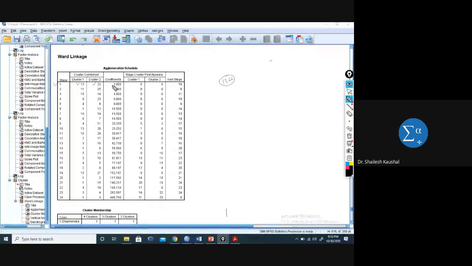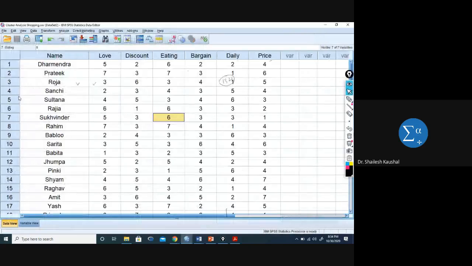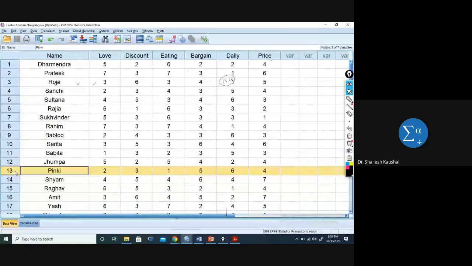Now we will see who is 13 and 22, and we will see their choices. What is the choice of number 13? This pinky. I am writing just the options of the pinky: 2, 3, 1, 5, 6, 4.